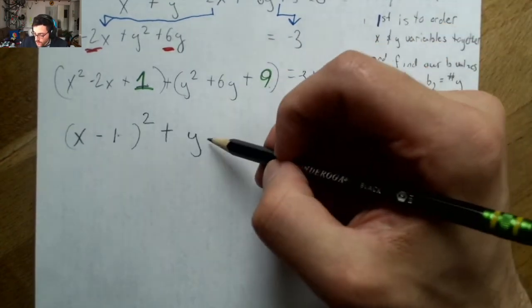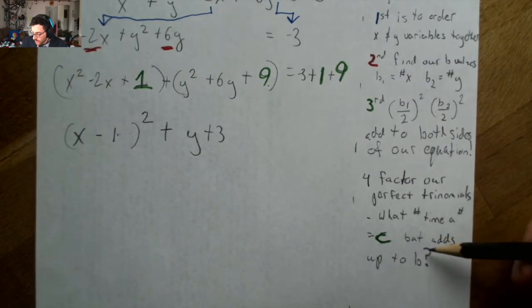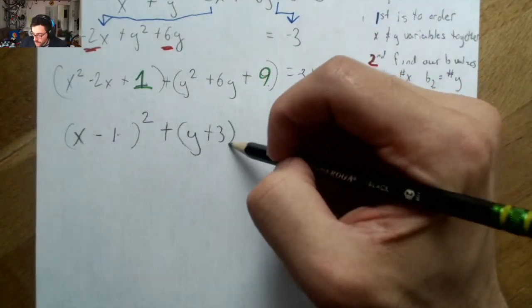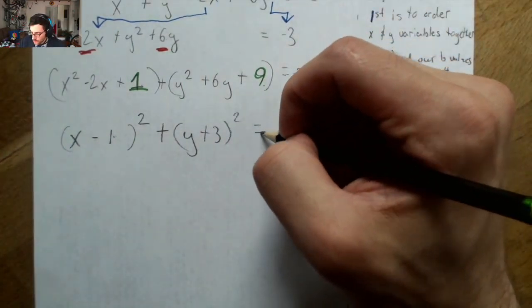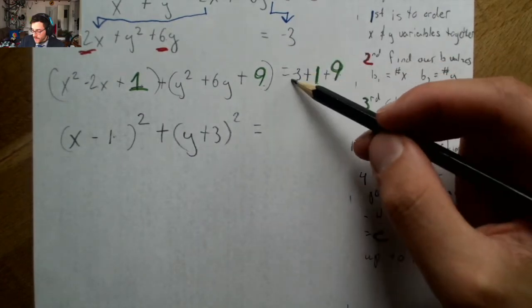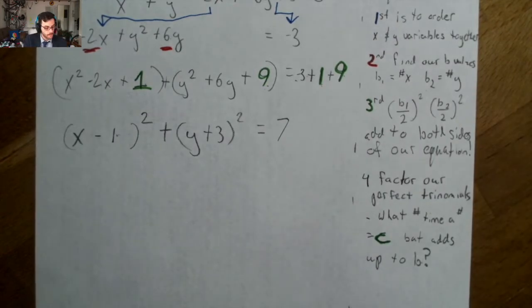Three times 3 gives us 9, but 3 plus 3 gives us 6. If we add all these values here, 10 plus negative 3 gives us positive 7.